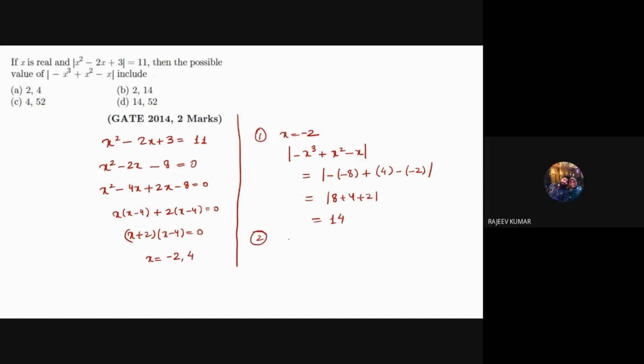Now second one, x equals 4. Again, minus of minus 4 cube plus minus 4 square minus, sorry, it's not minus 4, it's plus 4. Plus 4. That will become minus 64 plus 16 minus 4.